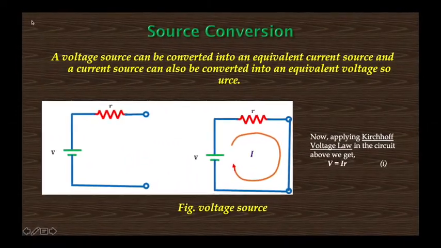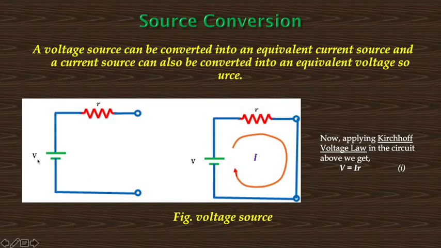Source conversion: a voltage source can be converted into an equivalent current source, and a current source can also be converted into an equivalent voltage source. Electrical source transformation is a method of replacing a voltage source in a circuit by its equivalent current source and a current source by its equivalent voltage source.